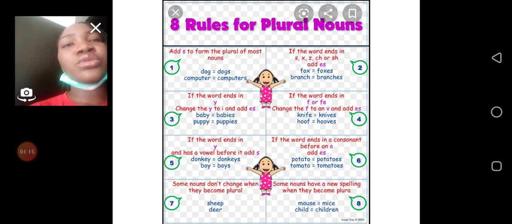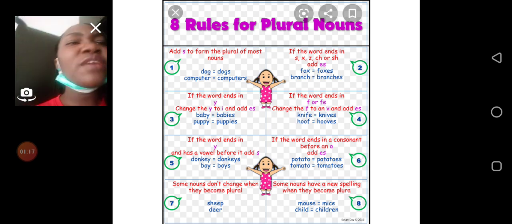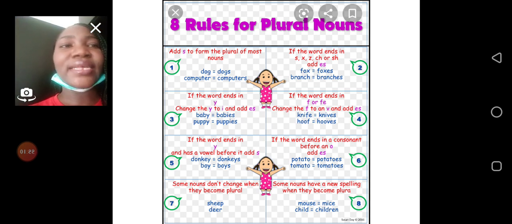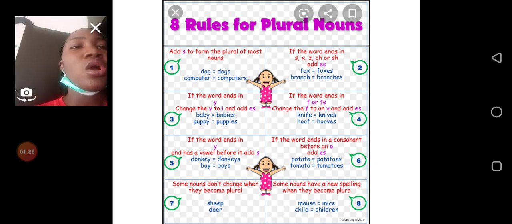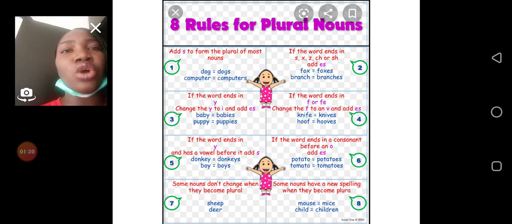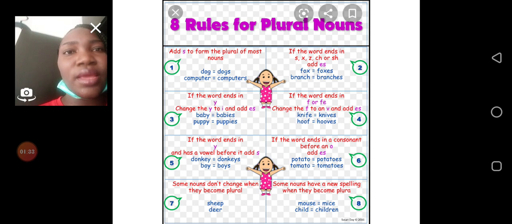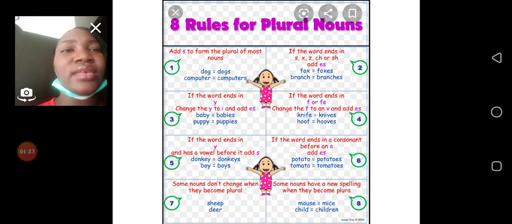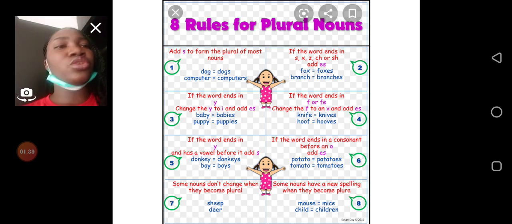And the second rule that we'll be looking at today is if the word ends in s, x, z, ch, or sh, you should just add es to them. And even o, all you need to do is just add es to them. And that is the rule we want to look at today.